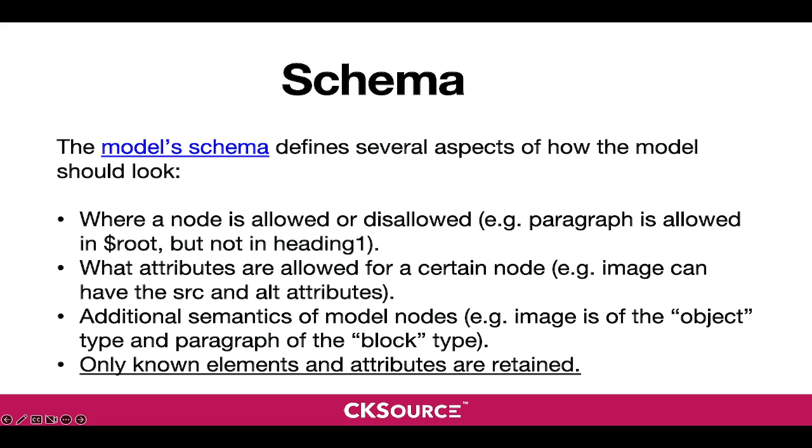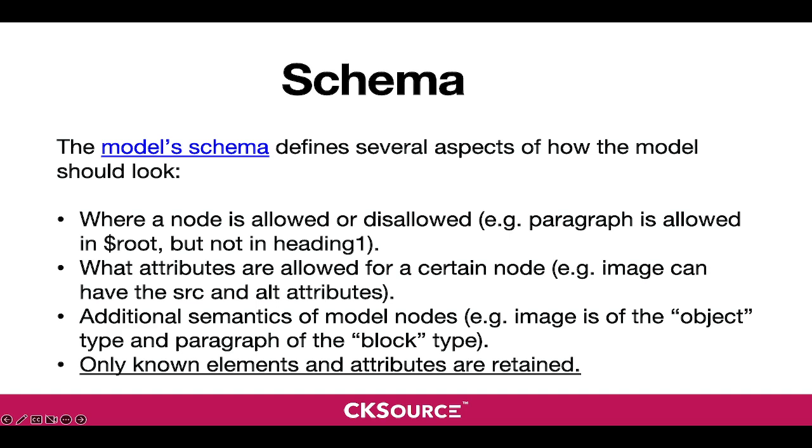So a little bit about this magic word schema. Schema defines rules for the CKEditor engine on how to process the model. For example, where elements can be placed, what attributes are allowed in elements, it will be used during editing, when pasting content, and so on. It's a little bit complex to understand, but it's where the power of CKEditor is.